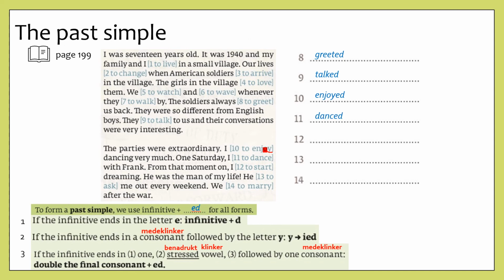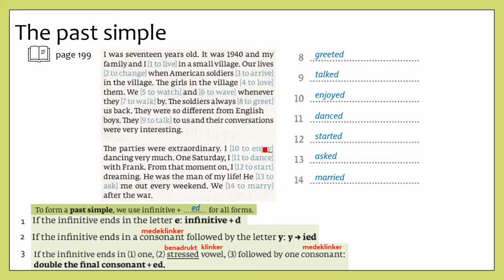Then one Saturday I danced with Frank, spelling rule number 1. From that moment on I started dreaming, general rule. He was the man of my life. He asked me out every weekend and eventually we married after the war.